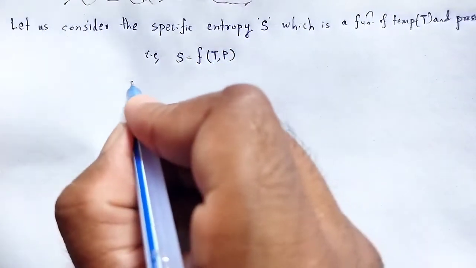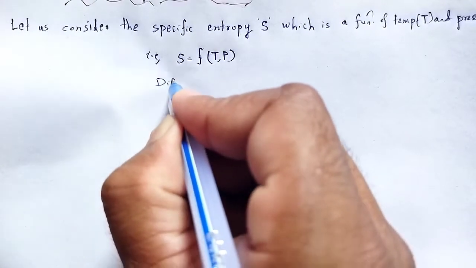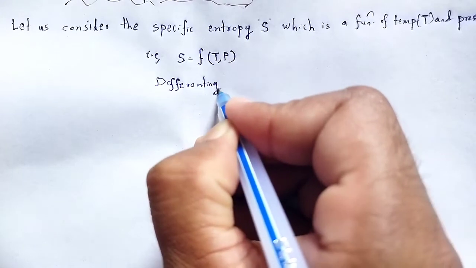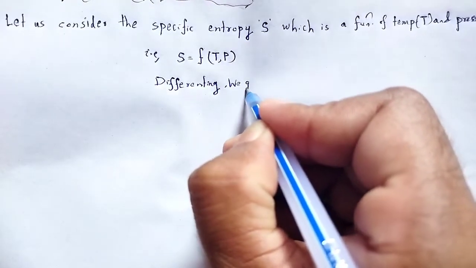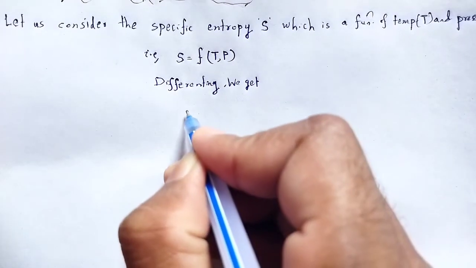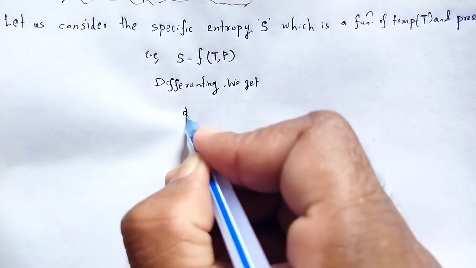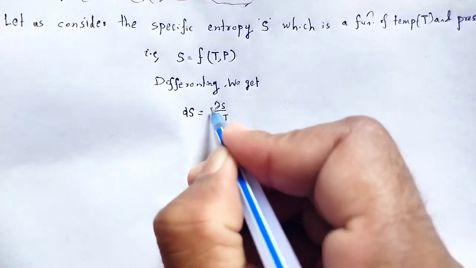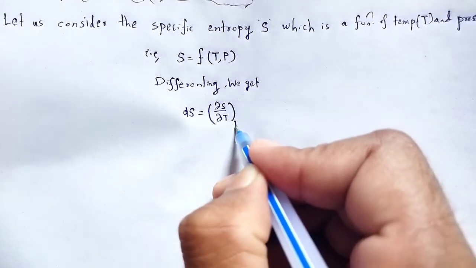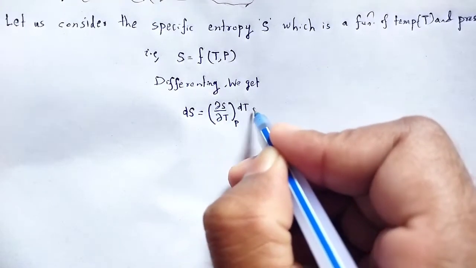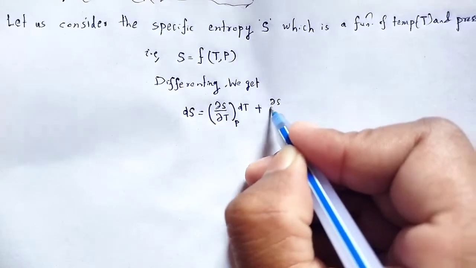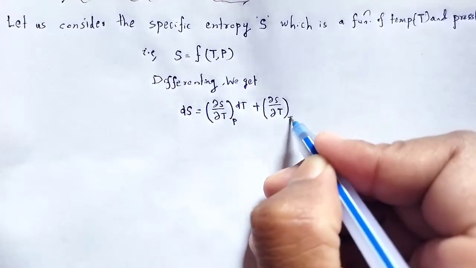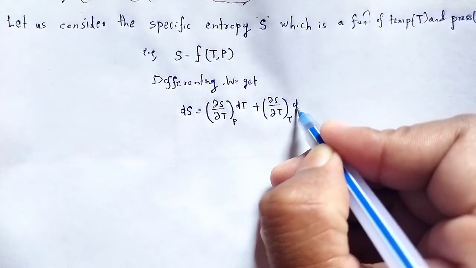Now differentiating, we get dS is equal to del S by del T at constant pressure times dT plus del S by del P at constant temperature times dP.